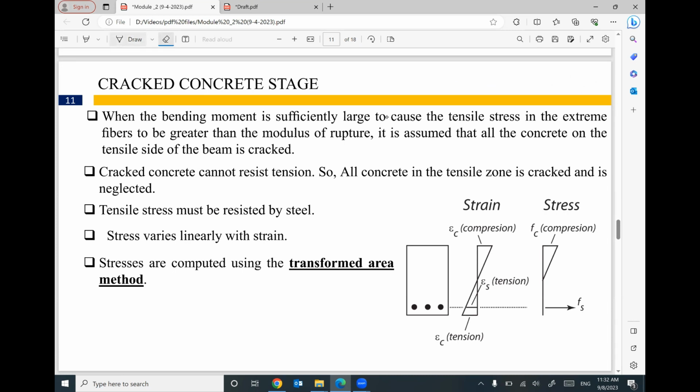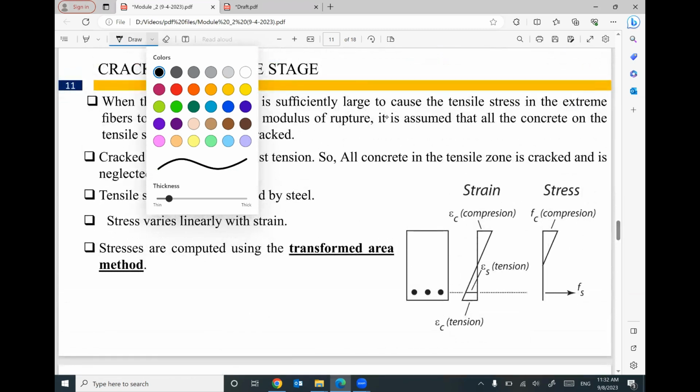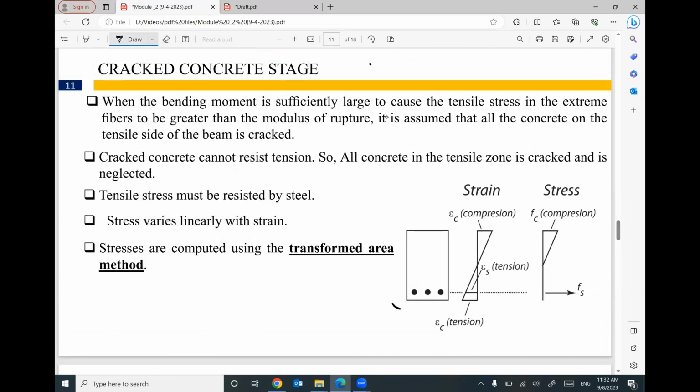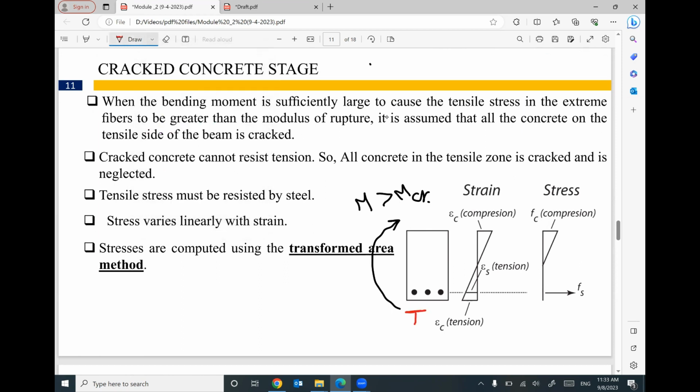Okay, the next part in this module: your concrete starts to crack. The applied moment on this cross section became greater than M crack. That means the tension at the bottom is greater than fr, so concrete cannot support this tension, and it will start to crack.